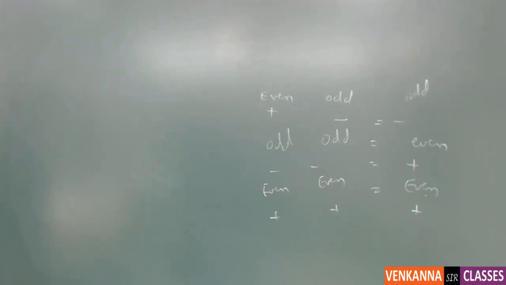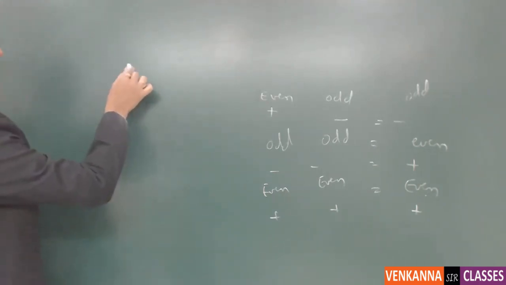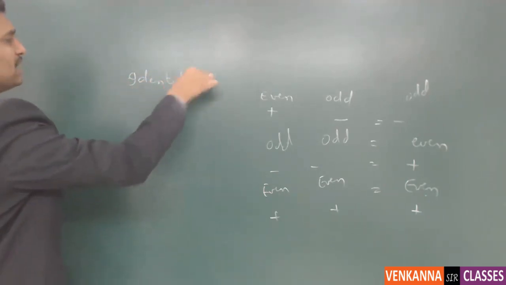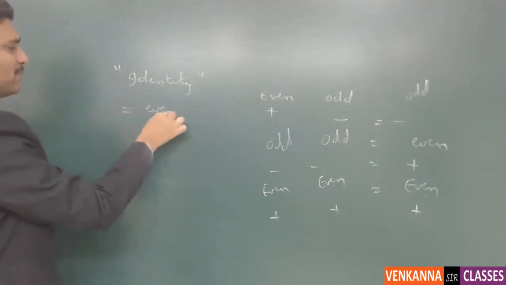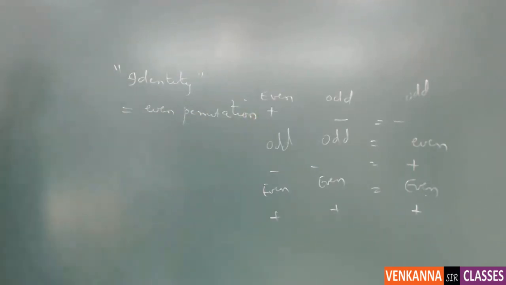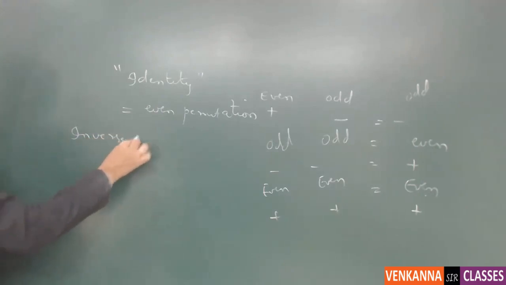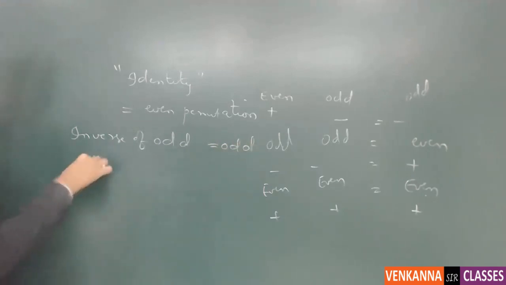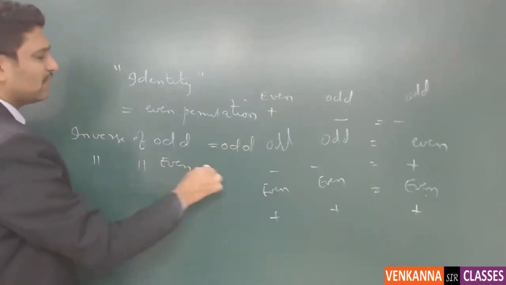Now here, some of the results are: the identity permutation is always taken as an even permutation. Another thing is, the inverse of an odd permutation is odd, and the inverse of an even permutation is even.